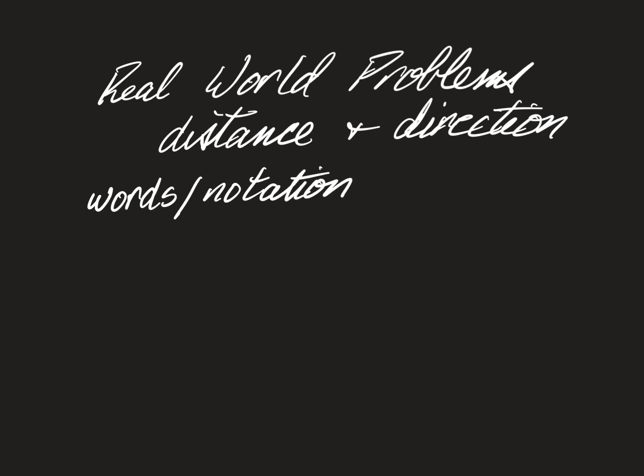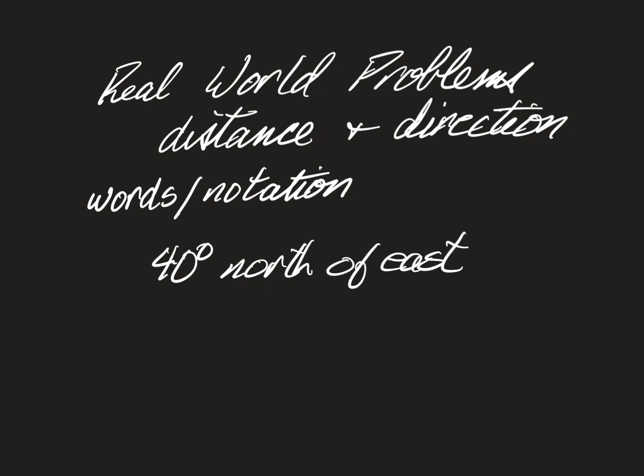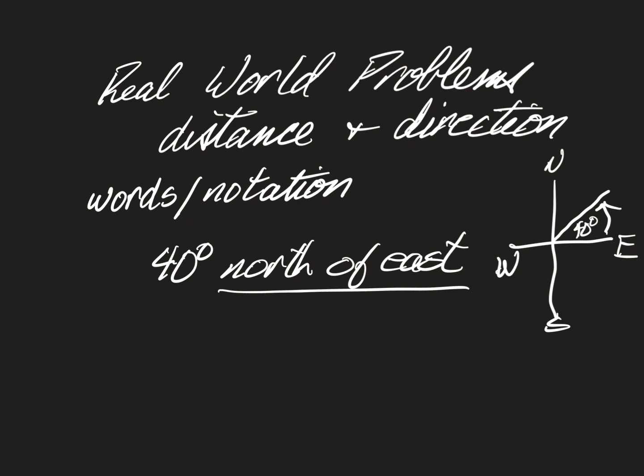So if somebody writes 40 degrees north of east, what they mean is, if you have north, south, east, and west, then when they say go 40 degrees north of east, that means you want to go 40 degrees north in the north direction from east. So this is the words, all right?